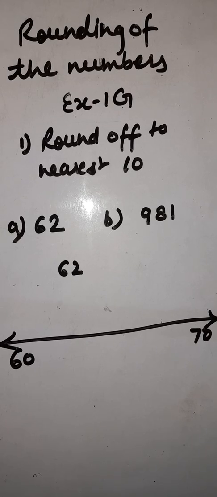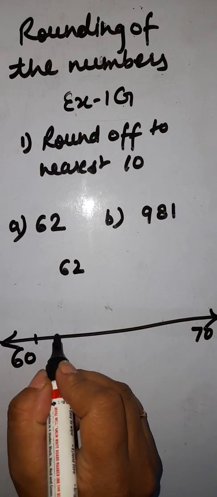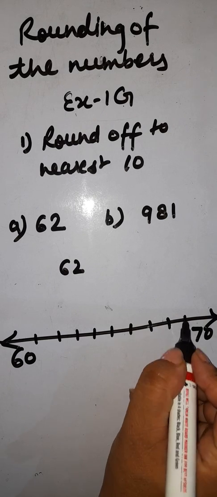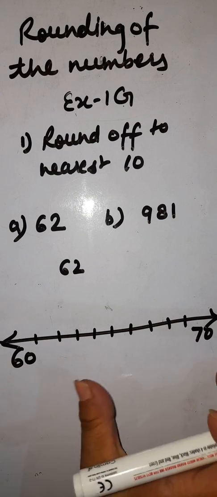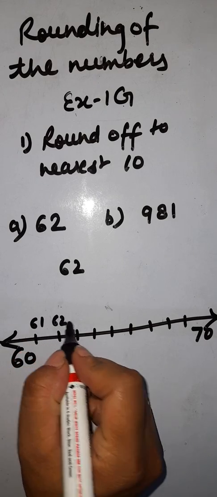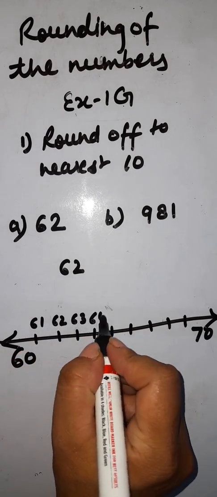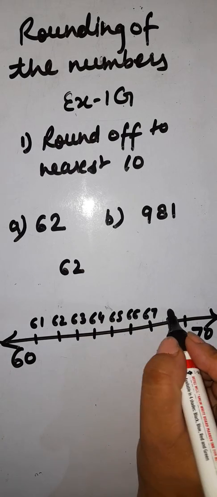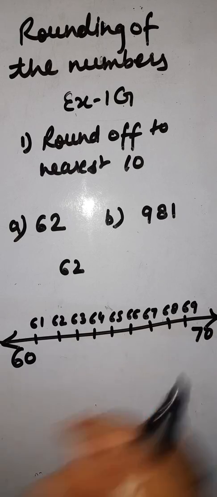Now between 60 and 70 we have 61, 62, 63, 64, 65, 66, 67, 68, 69.